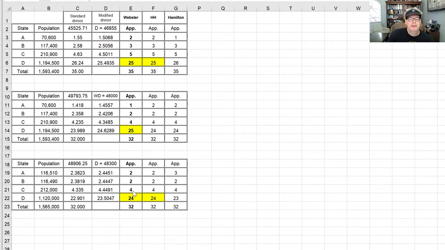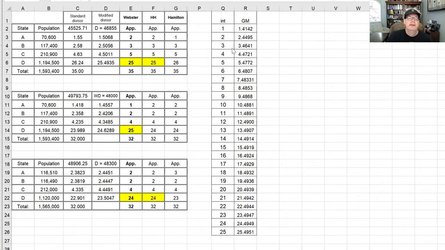I had to really fine tune it and look at those geometric means. But if I list them here, you can see the geometric mean of 2 and 3 is 2.4495, and so both of these are below 2.4495, so they would round down.